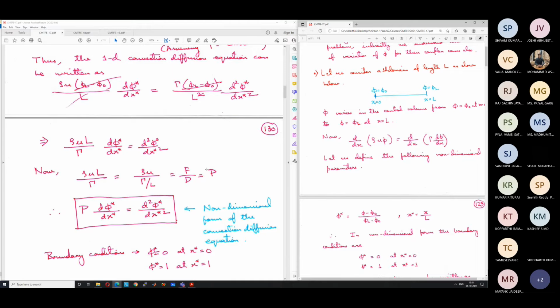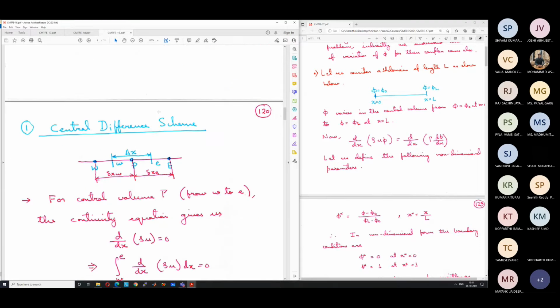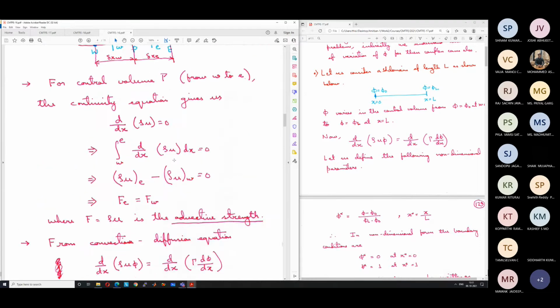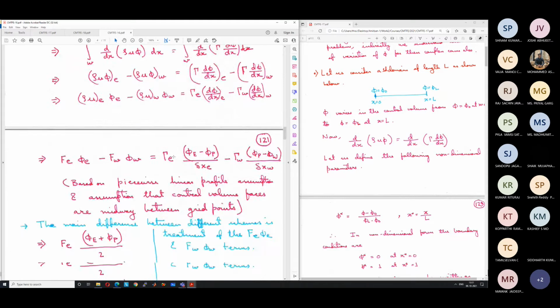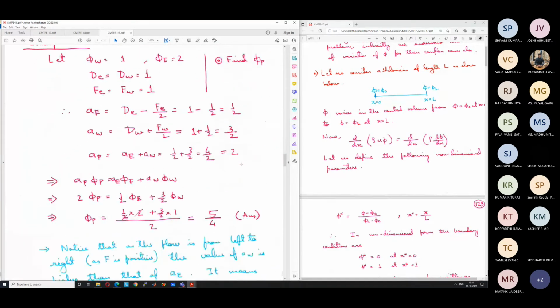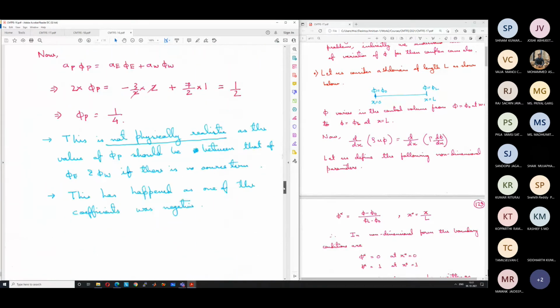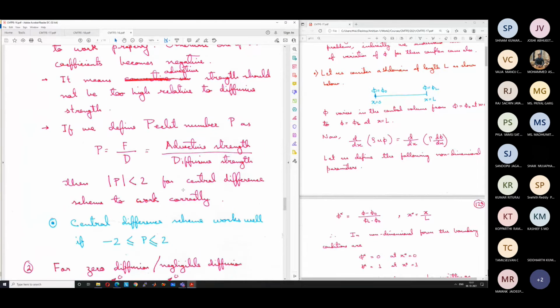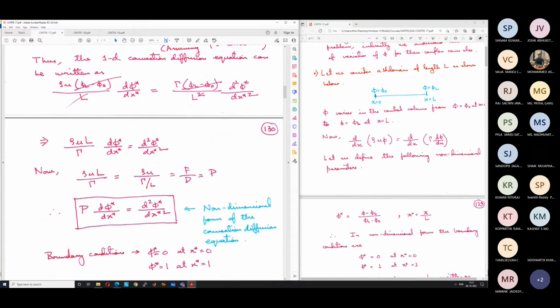And based on this, we had seen in the previous class that the central difference scheme works well when the magnitude of Peclet number is less than 2. And the upwind scheme works well for high Peclet number when the flow is dominant. Anyway, so this non-dimensional term comes automatically in the equation.